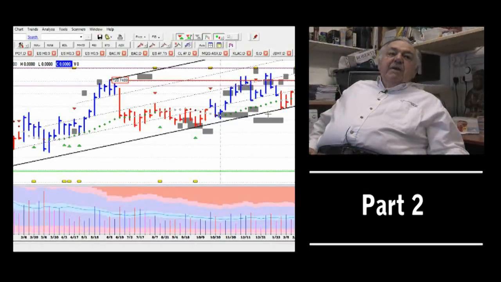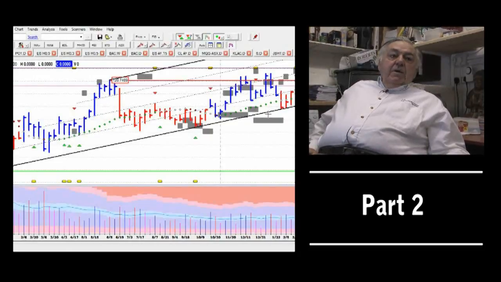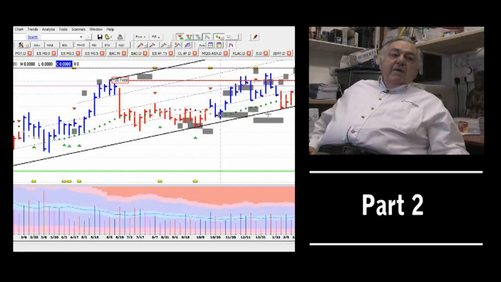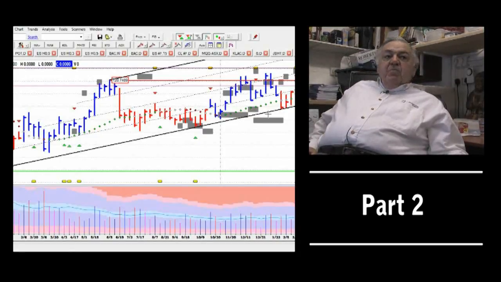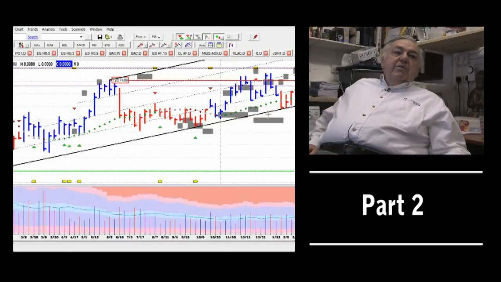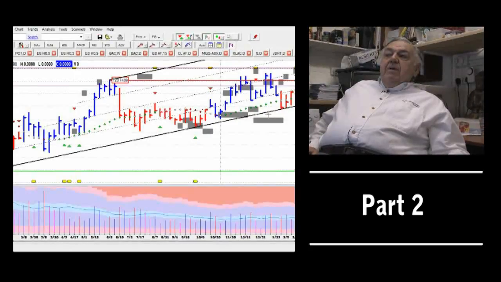Now what that actually means is that supply and demand are gradually becoming equal. The stock market does not like that at all. The stock market does not like being equal, and it will break out either up or down out of that arrowhead rapidly sooner or later, and we see that quite often.